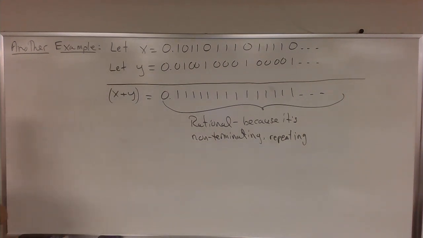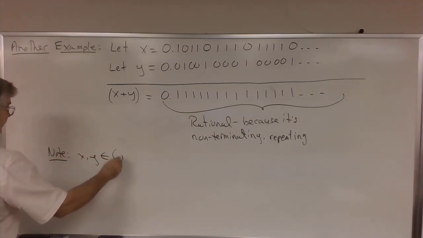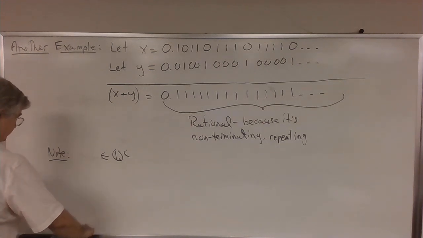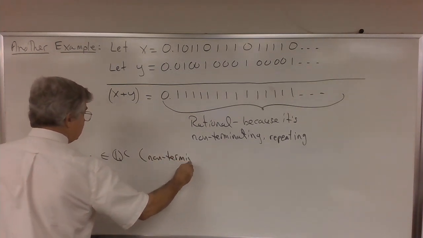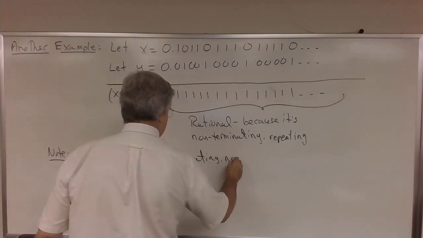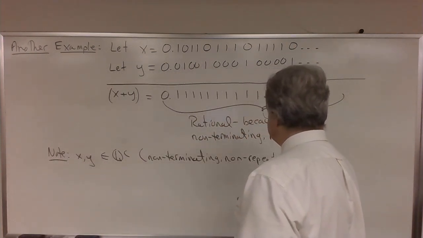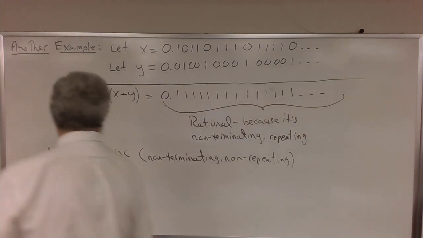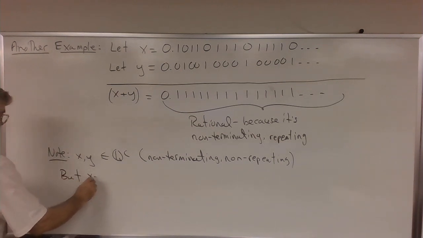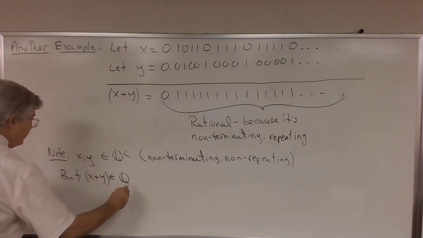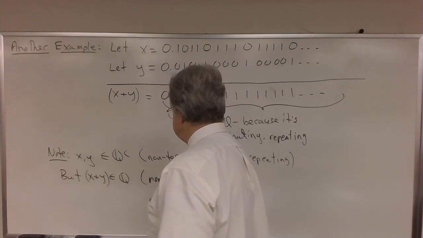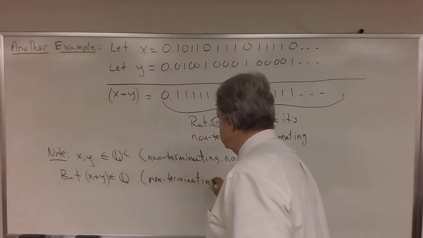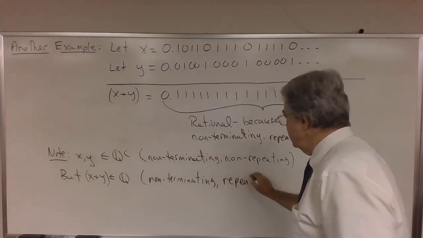So here we'll note x and y are irrational because they are non-terminating, non-repeating, but x plus y is rational because it's non-terminating, repeating.